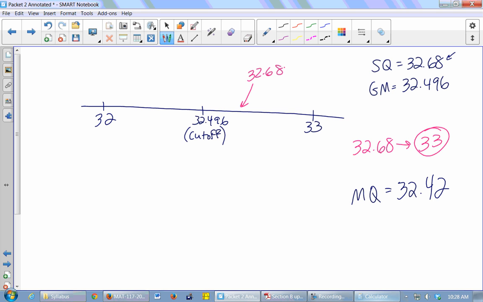Now, your geometric mean is going to be the same because your lower quota and your upper quota are still 32 and 33. So you're going to compare to that same number, 32.496. Now you'd round down. 32.42 is below your cutoff, so you'd round this down to 32.